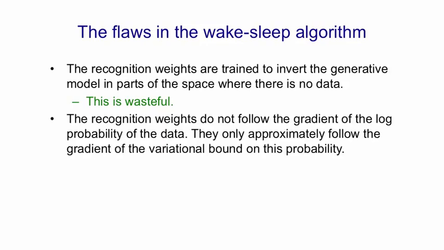The serious problem with this algorithm is that the recognition weights not only don't follow the gradient of the log probability of the data, they don't even follow the gradient of the variational bound on this probability. And because they're not following the right gradient, we get incorrect mode averaging, which I'll explain on the next slide.